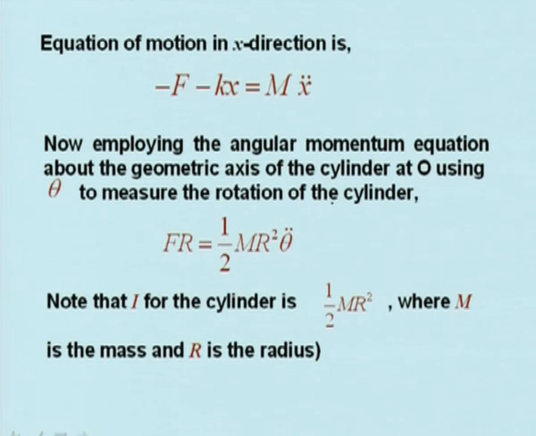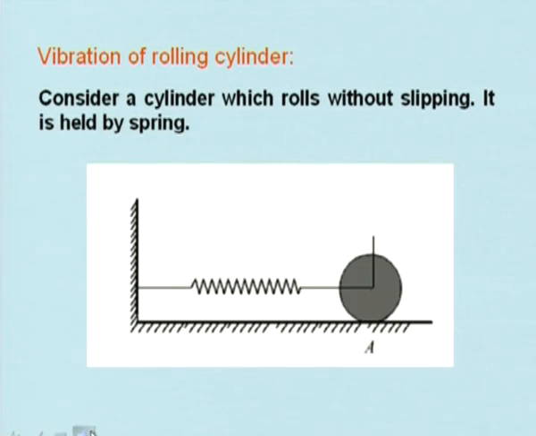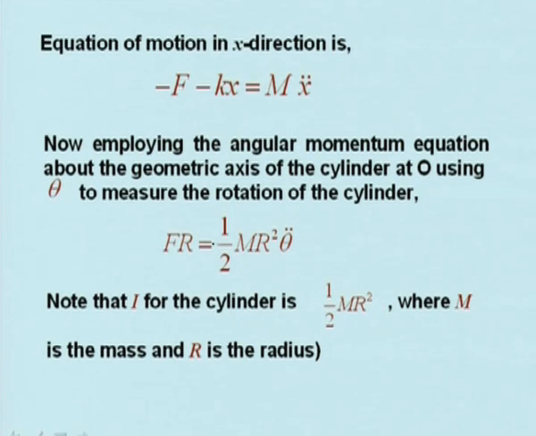Now if you apply the angular momentum equation about the geometric axis of the cylinder at O, using theta to measure the rotation of the cylinder, therefore F into R is equal to 1 by 2 m r square theta double dot.